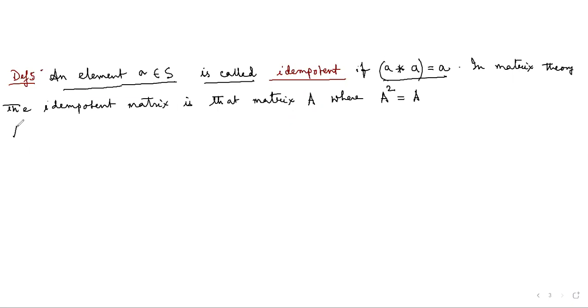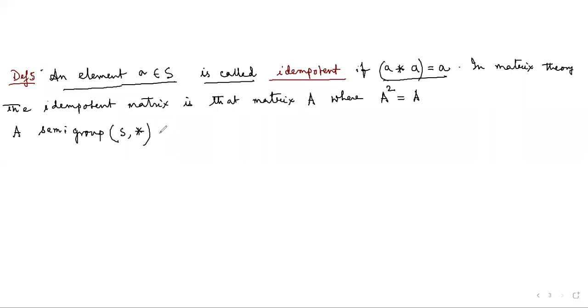Now, a semi-group S star, semi-group you have already defined. Semi-group is that mathematical system where the binary operation star is only associative.